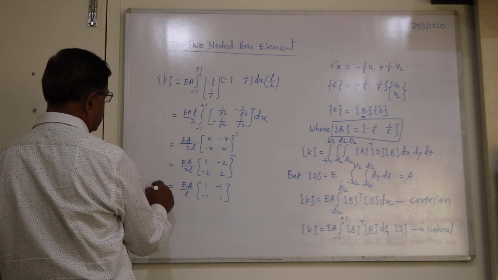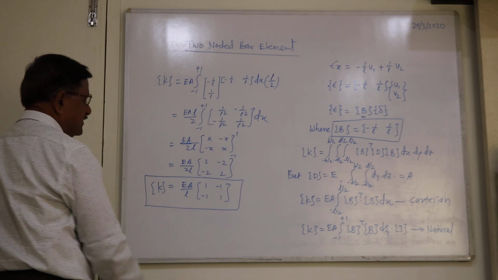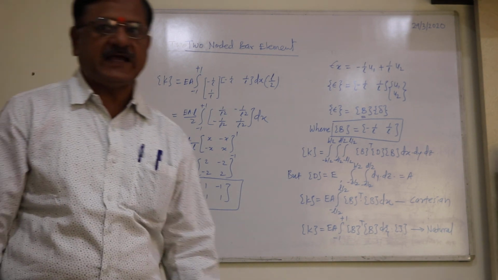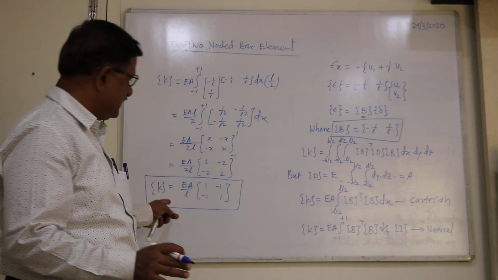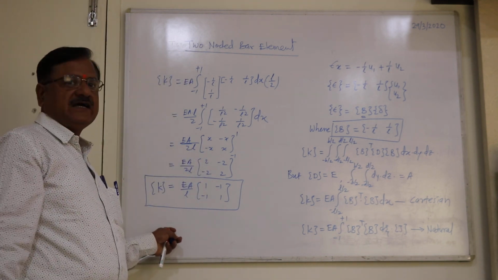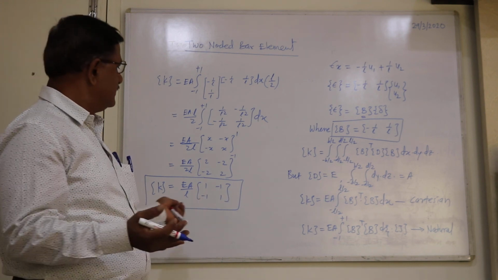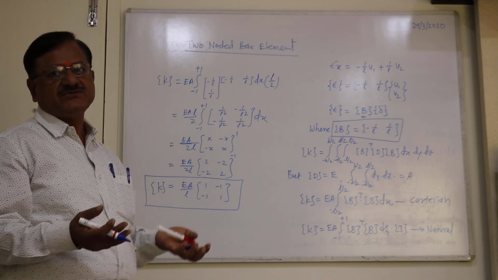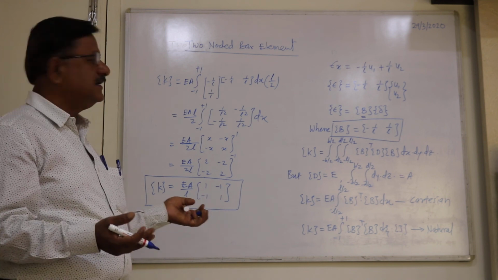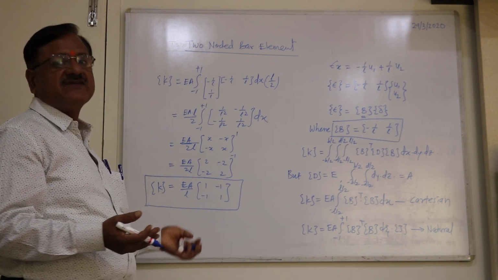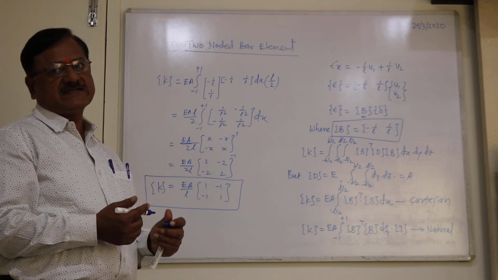So this is the element stiffness matrix for the 2-noded bar element with axial deformation as a degree of freedom, which we have already derived in Cartesian coordinate systems by various approaches. We used the energy approach and the stiffness approach, and now this is by the variational approach, introducing the isoparametric concept.